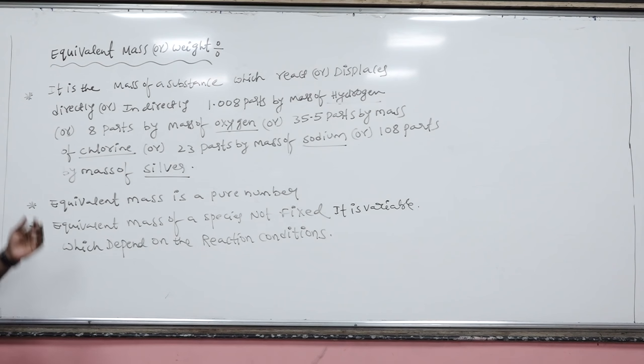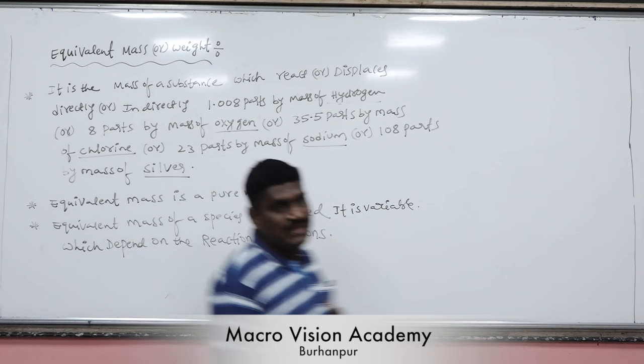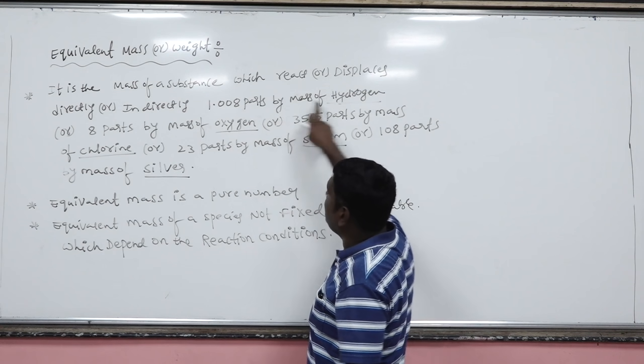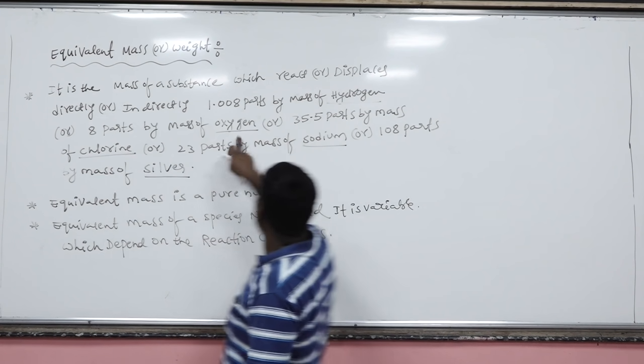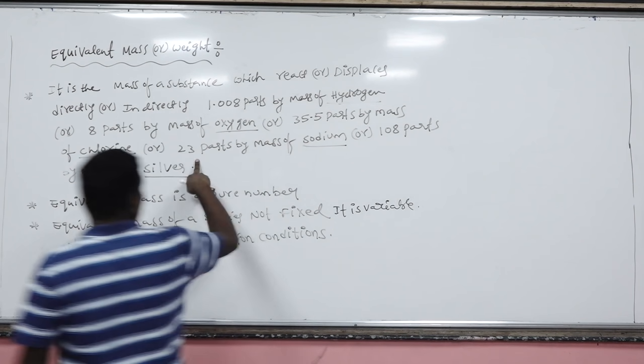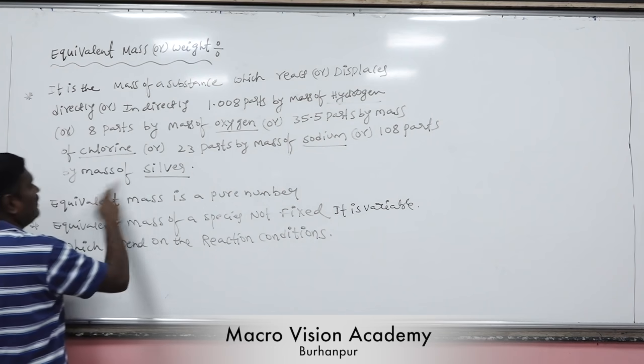Now, equivalent mass is the mass of a substance which reacts or displaces, directly or indirectly, 1 gram of hydrogen, or 8 grams of oxygen, 35.5 grams of chlorine, 23 grams of sodium, 108 grams of silver.